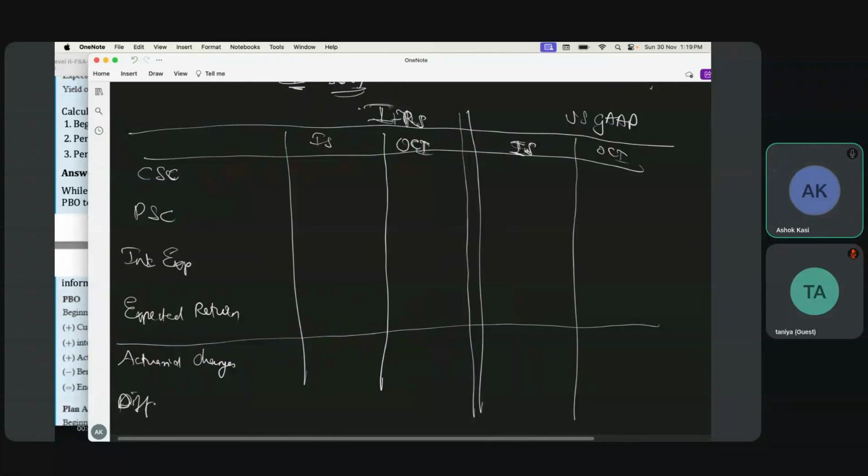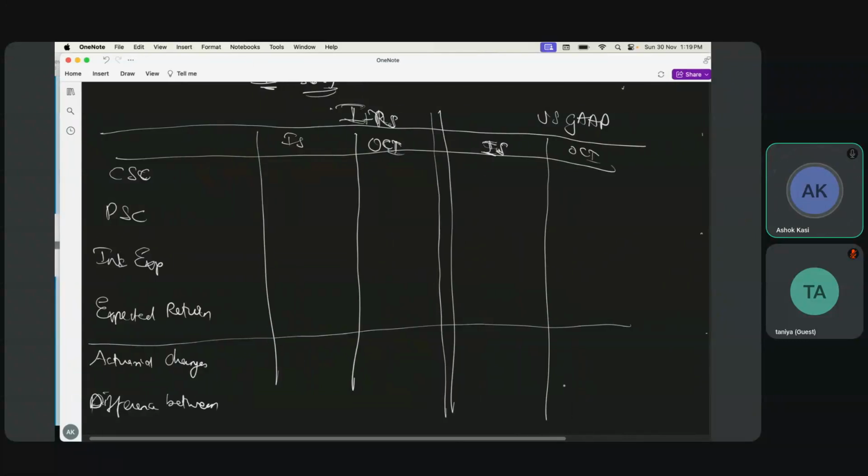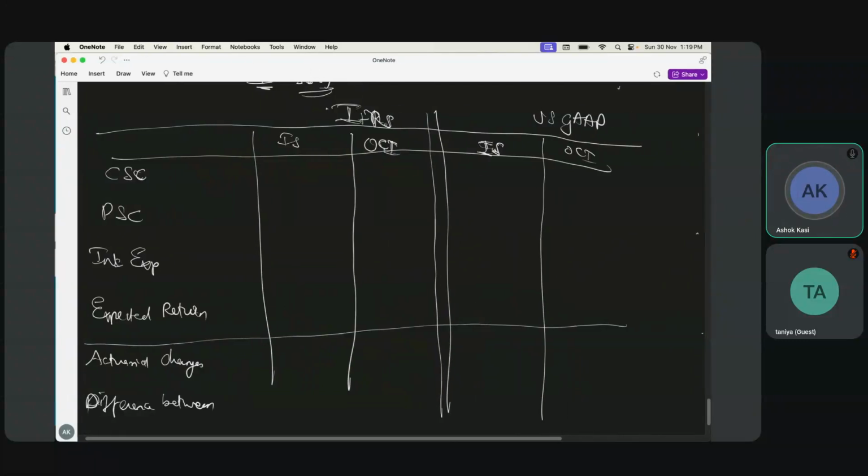Then here it is the difference between actual and expected return.